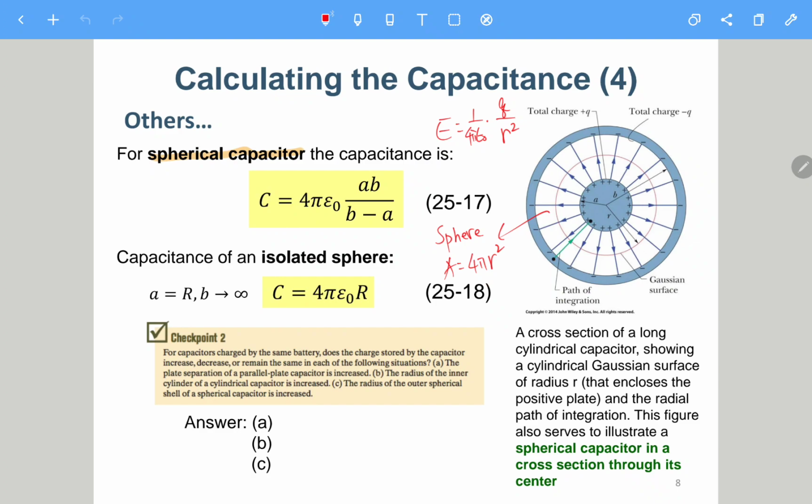I suggest you try to practice it at home. As a home exercise, if you are able to do this, then I think you can already manage much of the knowledge in the semester so far, including how to use Gauss's law, and how to calculate the potential difference and then come up with the capacitance.